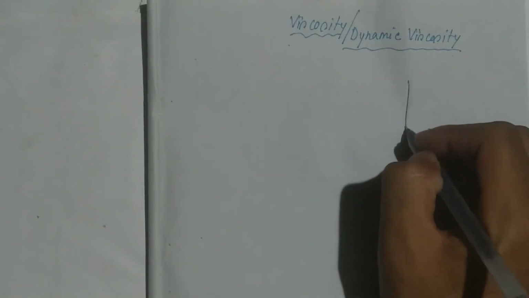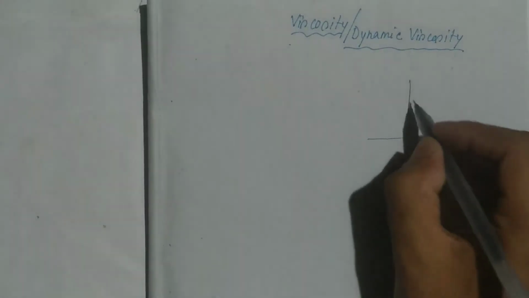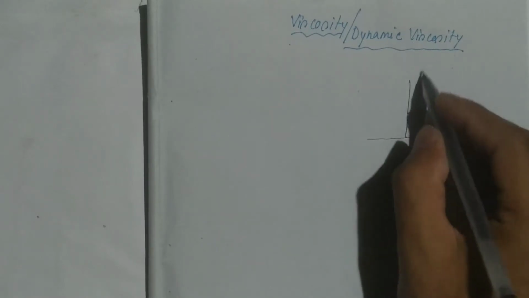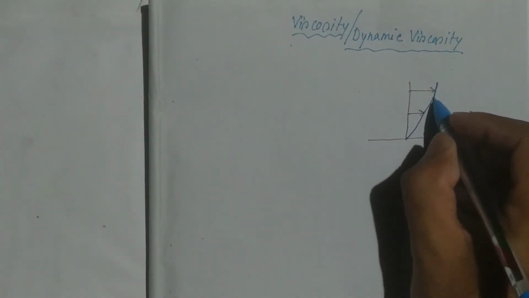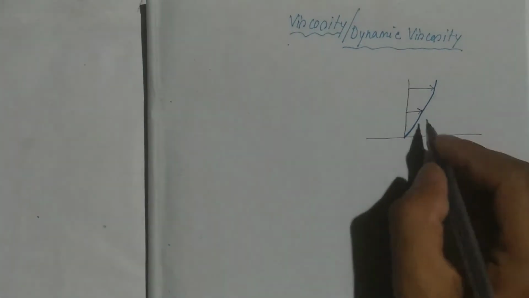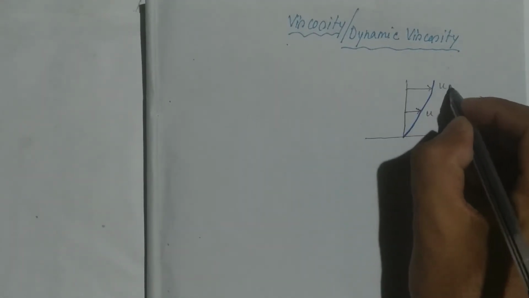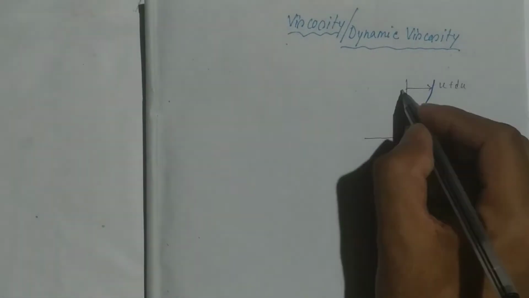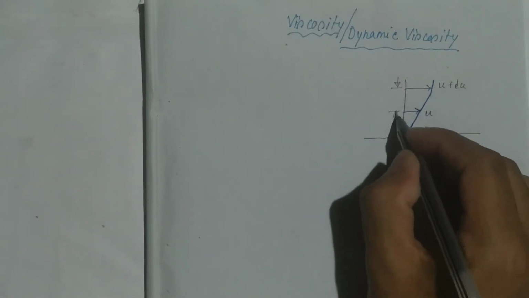Let the two layers of fluids be moving at different velocities. These are the two layers and this is the velocity profile. Let the velocity of this fluid be u and of this one u plus du, and they are separated by the distance dy.